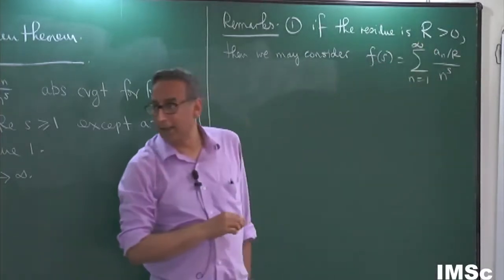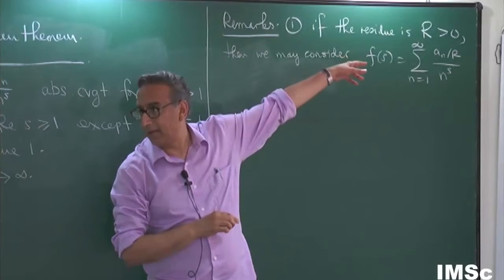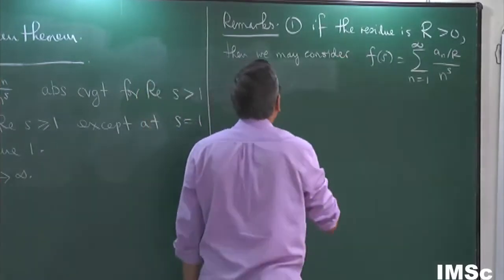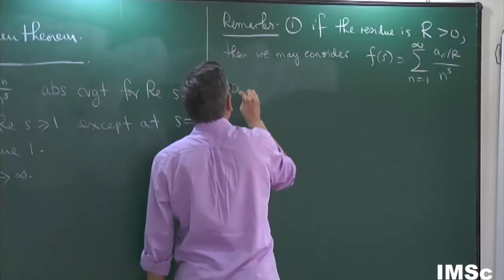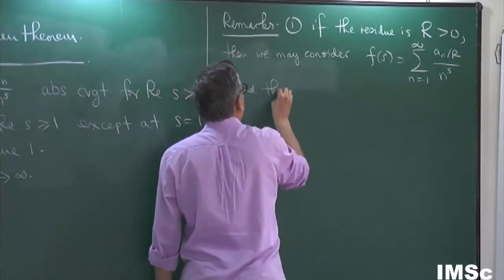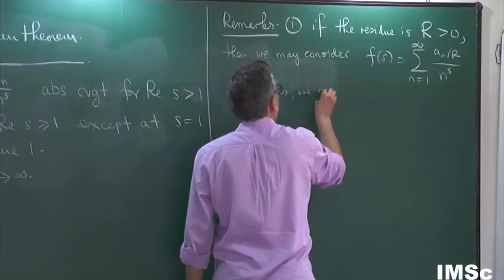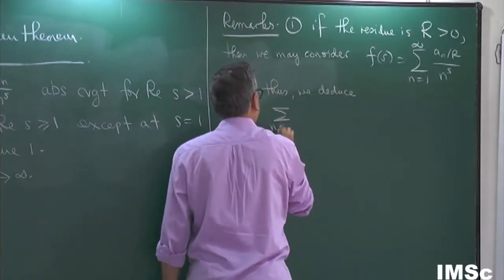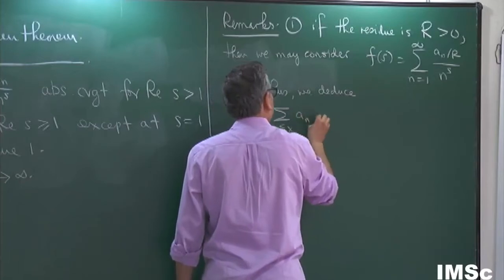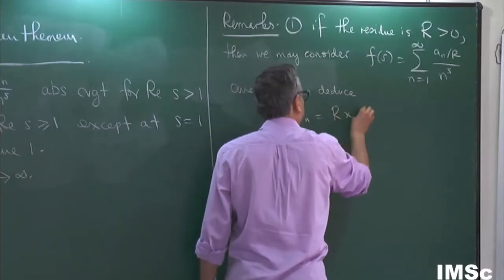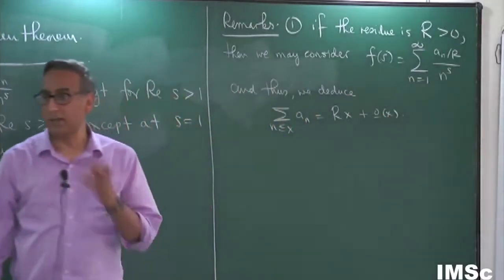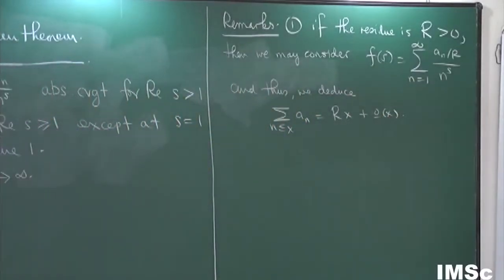Right? And then that series now has a simple pole with residue 1, and thus we deduce the summation over n less than x of a sub n equals Rx plus little o of x. So in general, if the residues are r, this is the kind of formula you're going to get.